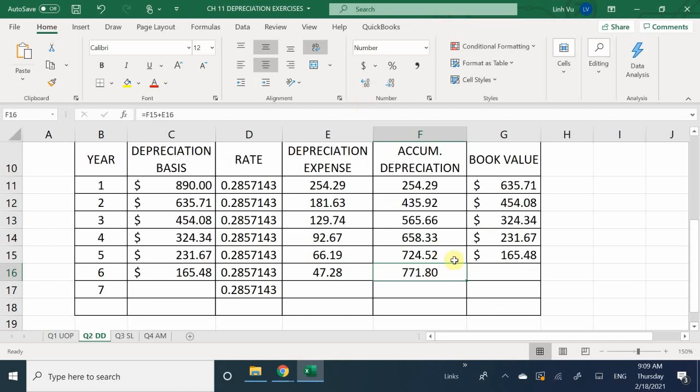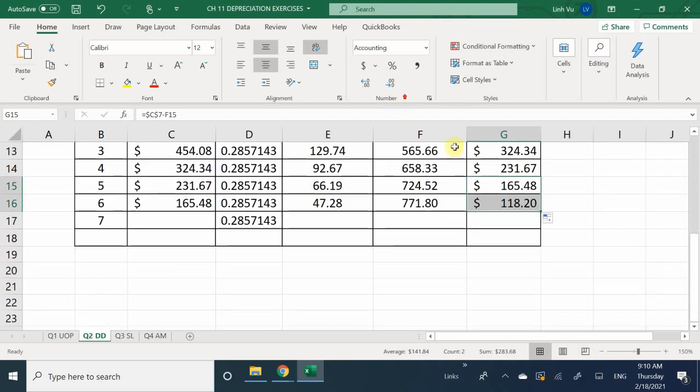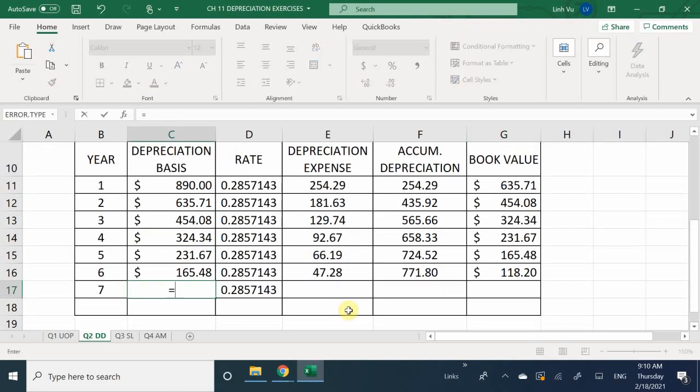What is my book value as of year 6? $118.20. Good. So I'm going to place that right here on the 7th year.